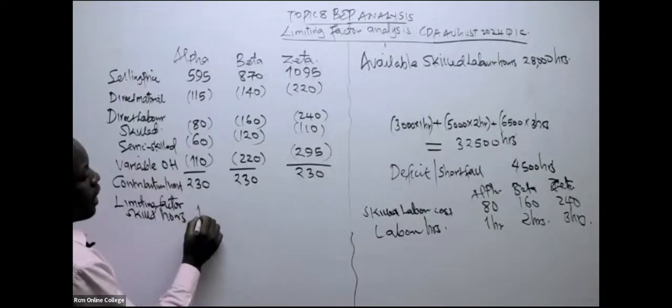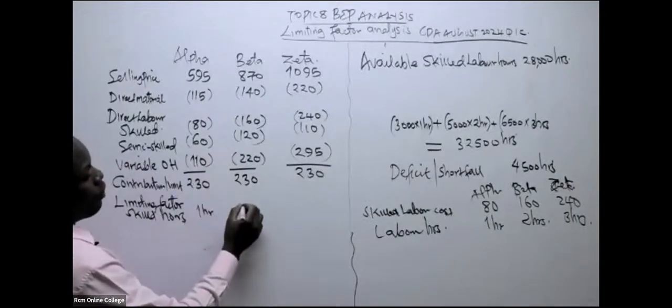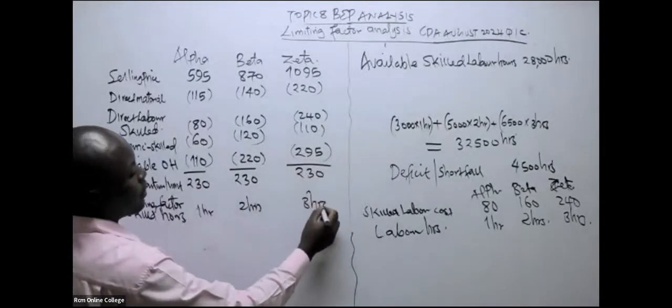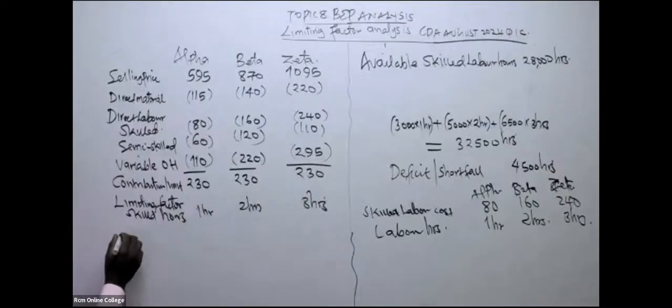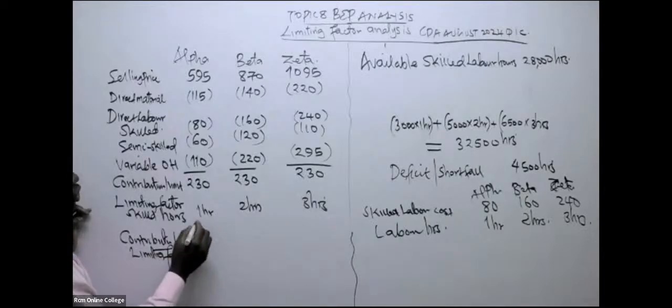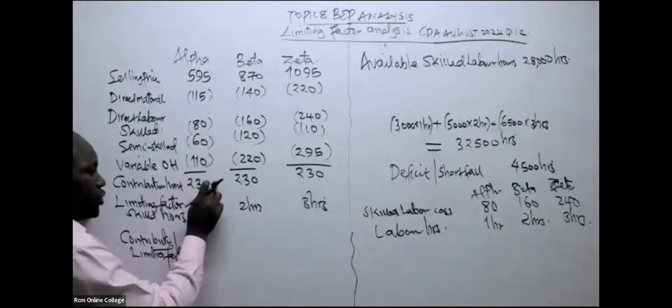Alpha requires 1 hour, beta requires 2 hours, zeta requires 3 hours. So please use this to give us the contribution per limiting factor. You can take contribution and divide by this.